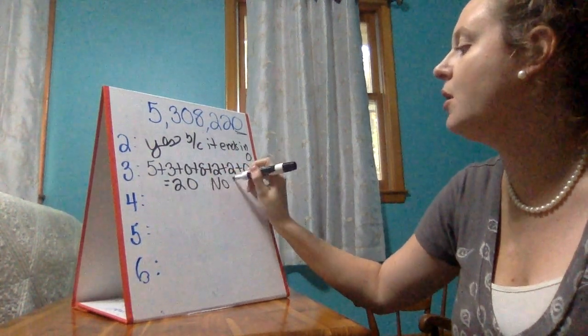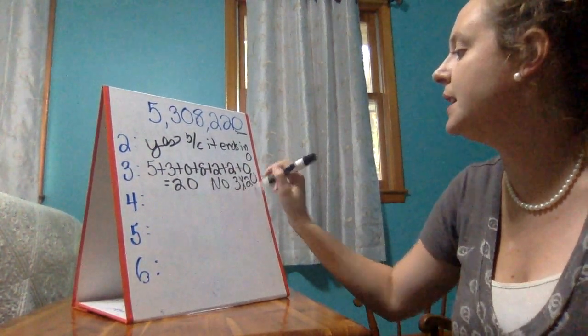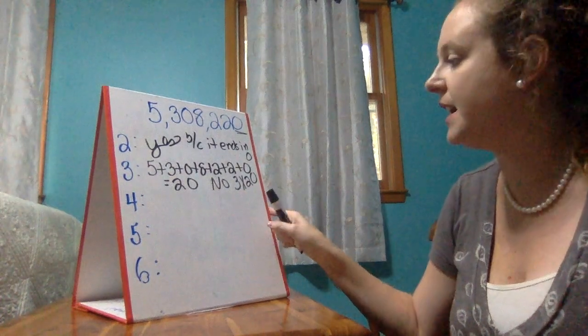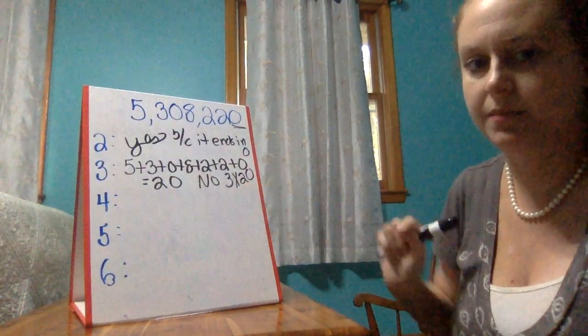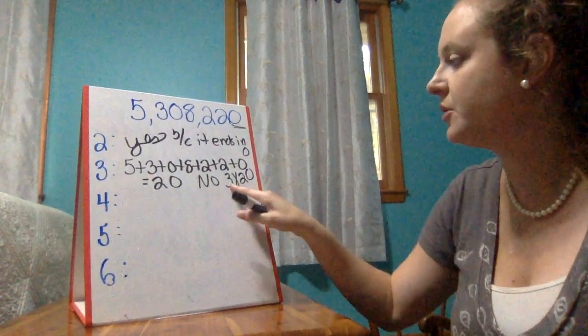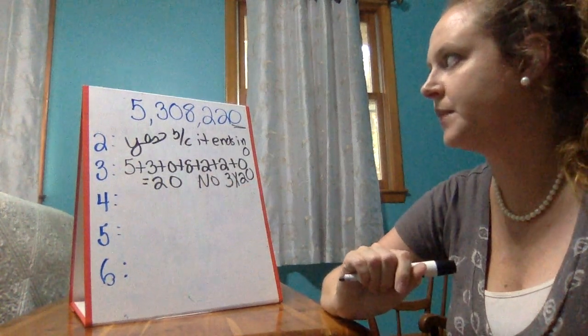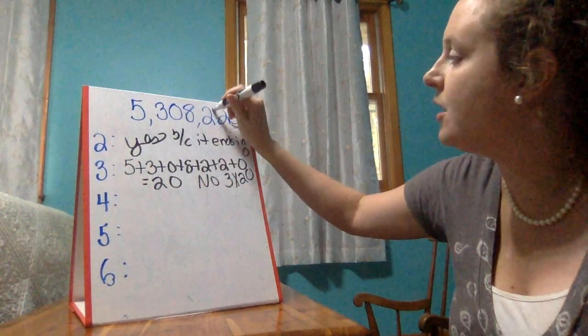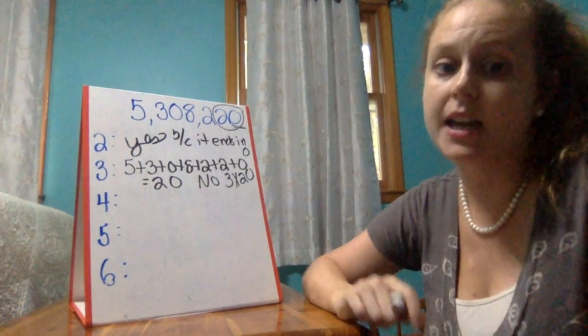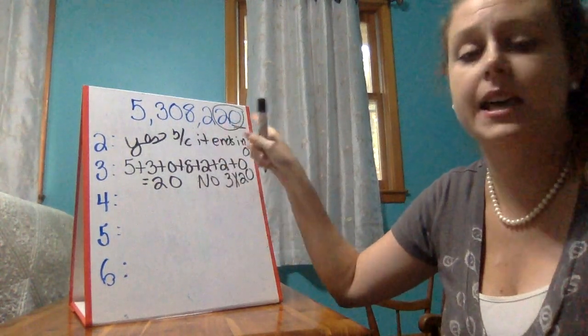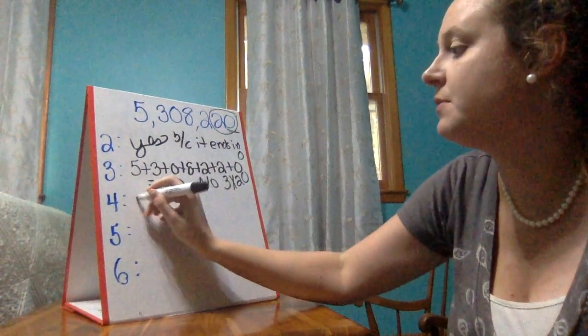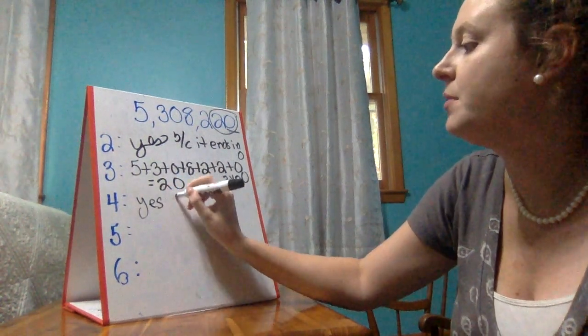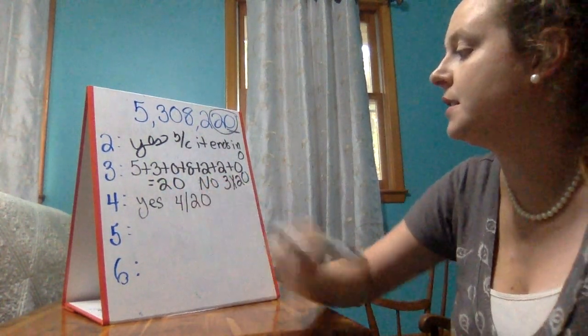So I'm going to write no. That's because 3, this is my symbol for does not divide. It's a straight line with a bar, like a cross through it. So 3 doesn't divide the sum. For 4, I don't add. That's the biggest mistake. I just look at the tens and the ones place. So this one is yes because 4 divides 20.